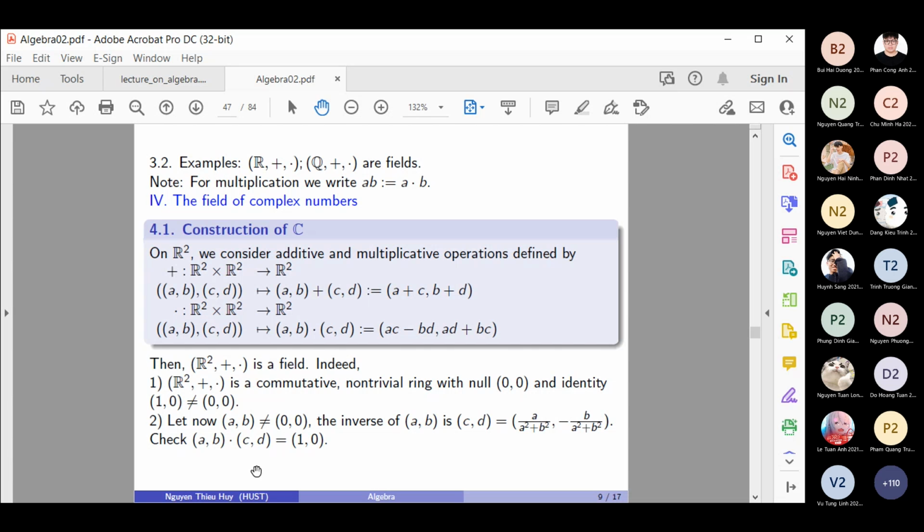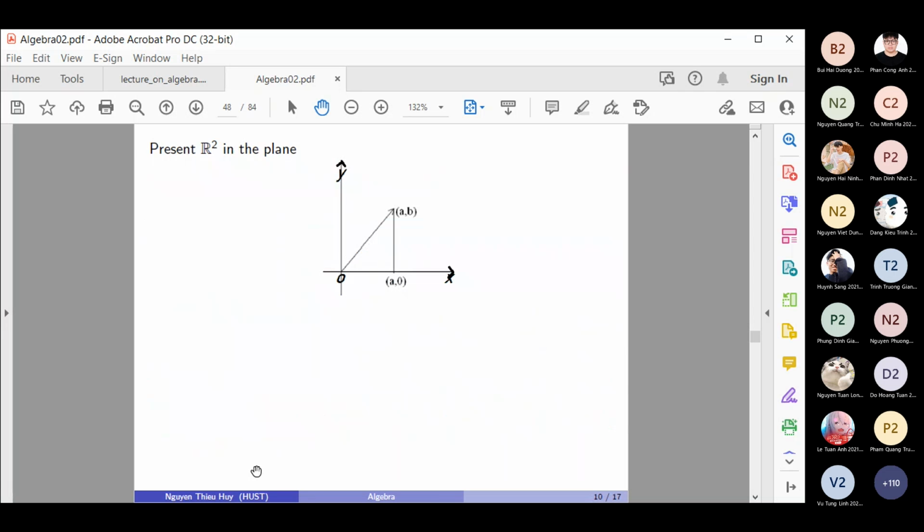Therefore, as I promised before, I want to convince you that there is a number i so that i squared equals minus 1. I want to look for number i in this set R squared, but actually you see something ridiculous here.